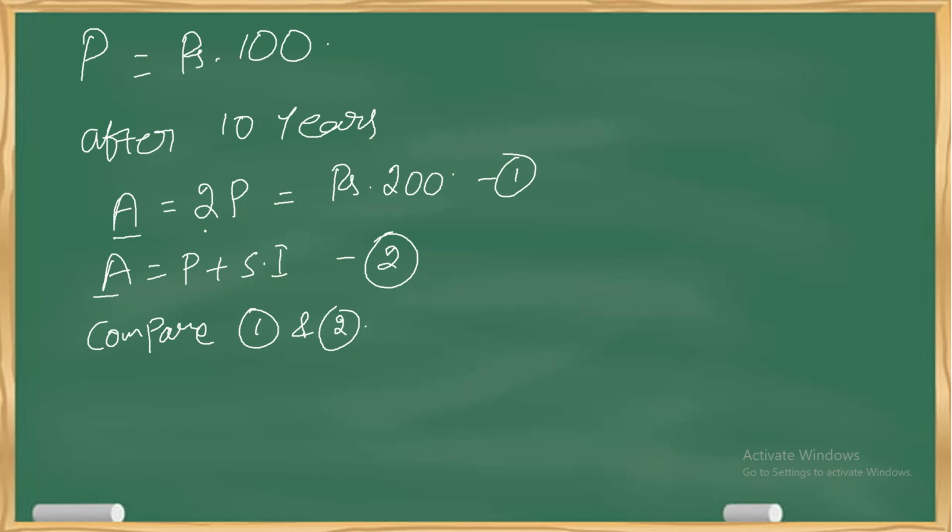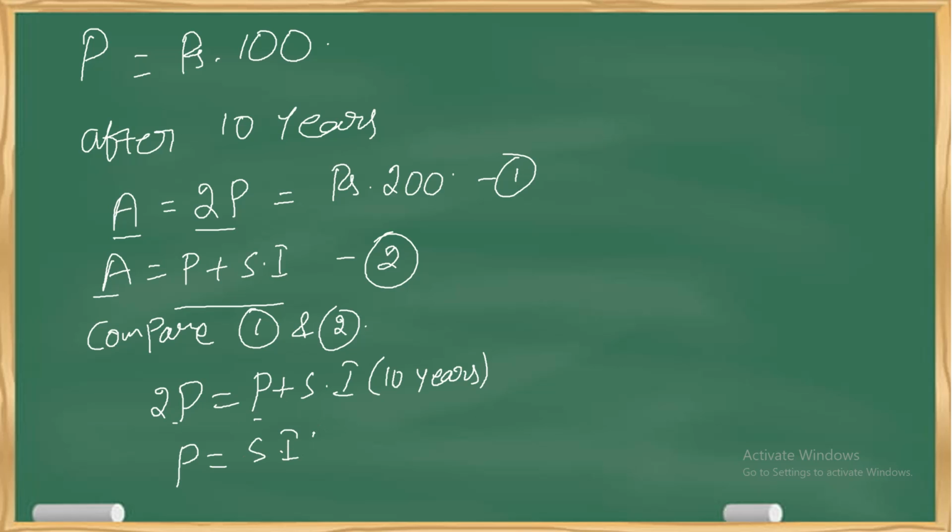A is the same here, so substitute. So 2P is equal to P plus SI. Okay, SI of how many years? Here 10 years. That's what you need to remember. Now 2P here, P here, so P is equal to simple interest of 10 years. 10 years simple interest is the principal amount here, or else principal amount is 10 years of simple interest.